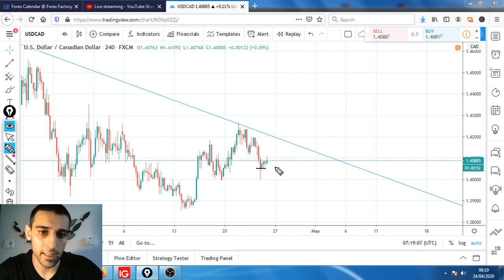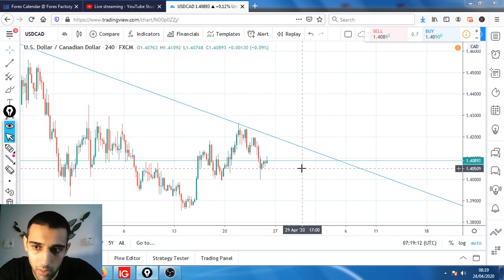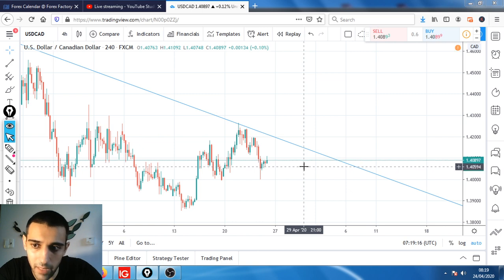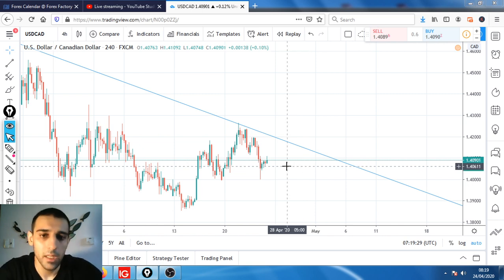That will be the max. So the target is going to be around 140.55. If we get in at 141.20, then we would be looking at about 65, 70 odd pips, which is good.